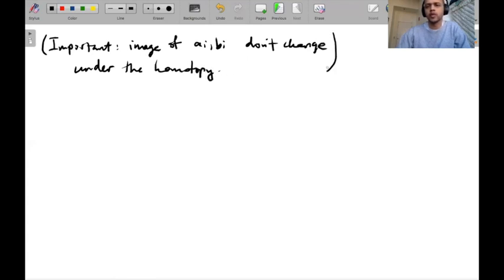So this homotopy is well defined. We do this on the individual intervals, and then together it makes sense. All right, so now the last step, step 3, is to conclude.